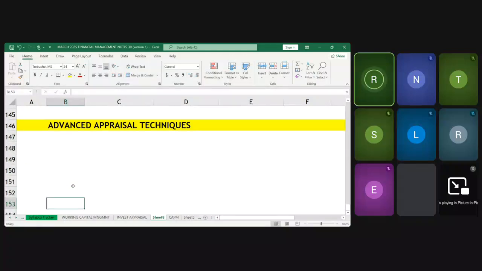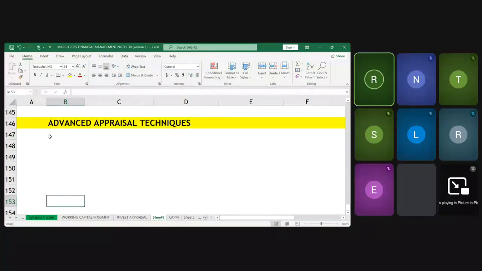Well, before we proceed, I want to tell you that net present value is very key and critical for your studies, both FM and AFM.